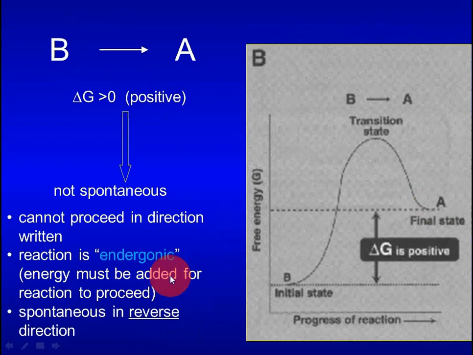This reaction can proceed in reverse direction. And we also know from organic chemistry, when delta G equals 0, this reaction is in equilibrium.